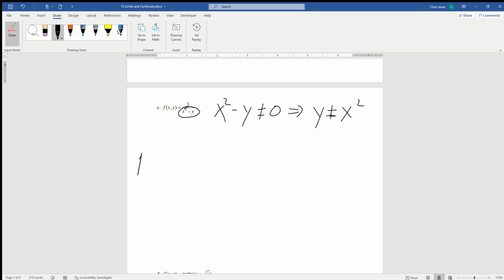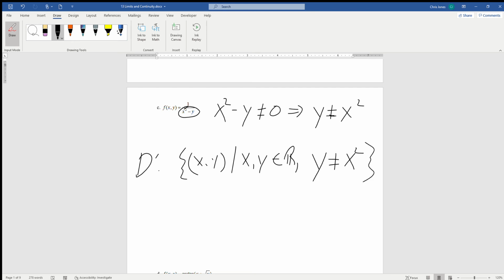And so the domain for which this is continuous is going to be all ordered pairs (x, y) such that x and y are real numbers, but y cannot be equal to x squared. So it can't be on that parabolic path. If for some reason we have a point like (1, 1) or (2, 4), then unfortunately it's not going to be part of that domain.